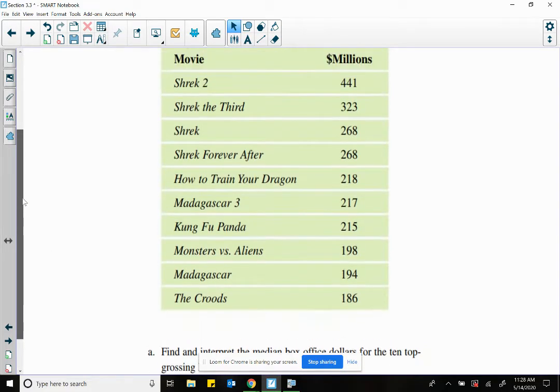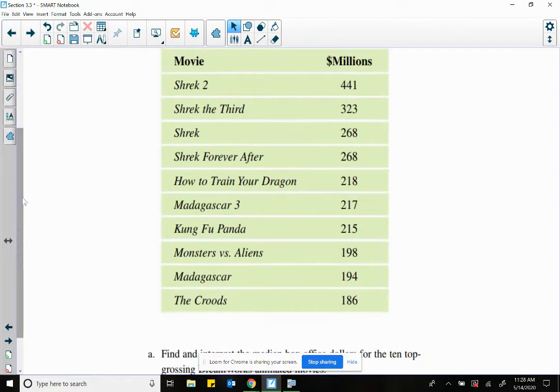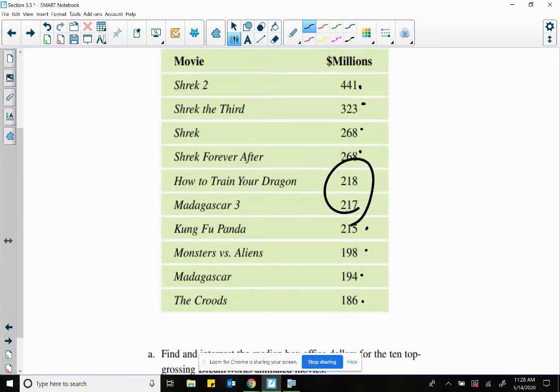For the median, all you do is work your way into the middle. So if I start here and here, those two take each other out. Then I jump to the next two, then the next two, then the next two, and then I'm stuck between these two.